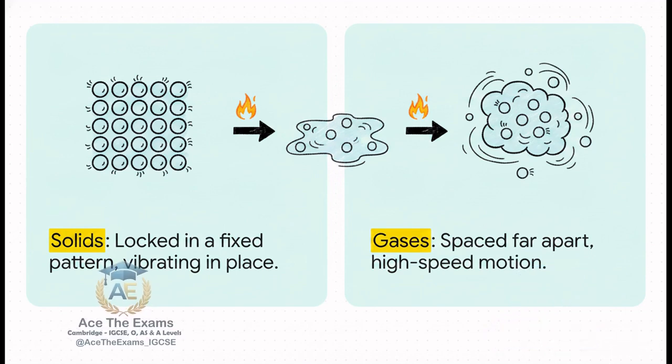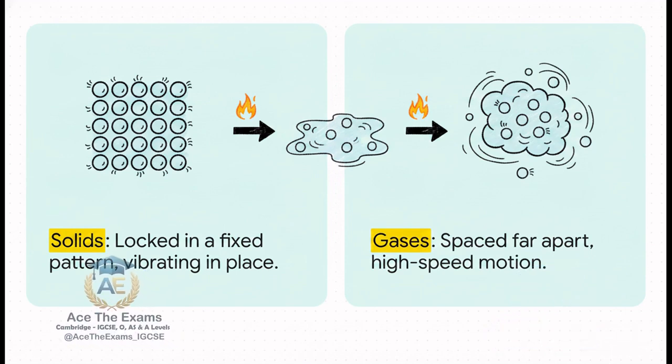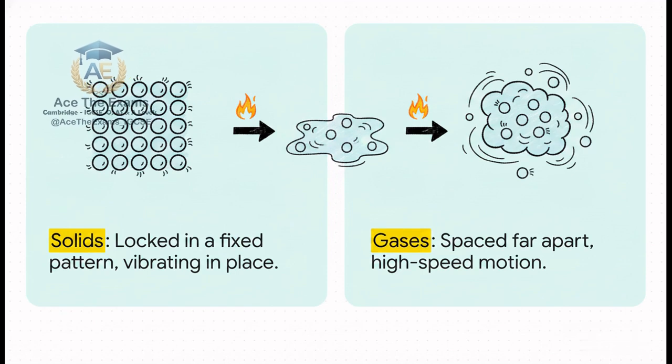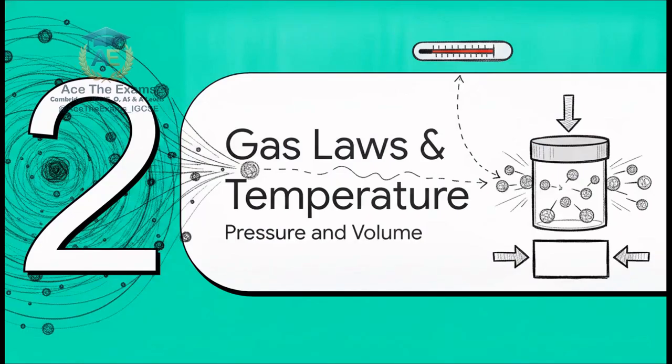Now you've got a liquid, where particles are still close but can slide randomly over one another. Add even more heat, they break free entirely and become a gas. In a gas, these particles are spaced incredibly far apart and just zip around at insane speeds. To put that into perspective, the air molecules around you right now are dashing around at roughly 500 meters per second. And that high-speed movement sets us up perfectly for Section 2, gas laws and temperature.